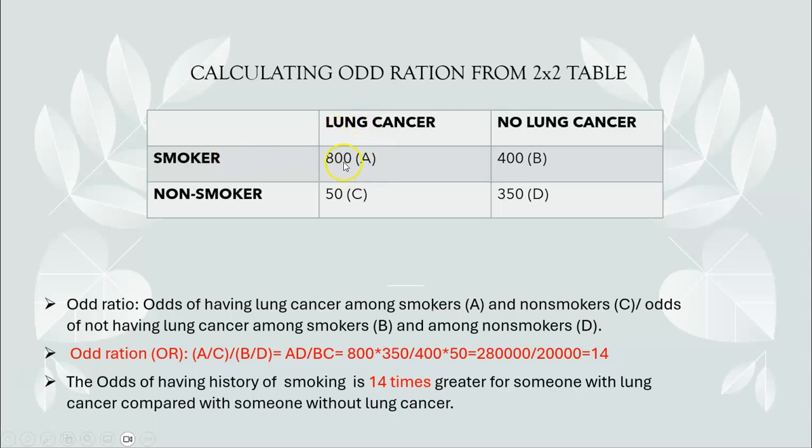This is group A. So we take the lung cancer cases who also have a history of smoking, which is A, divided by people who have lung cancer but are not smokers, which is C. This is a ratio, so we divide that by people who do not have lung cancer but have a history of smoking, divided by people who do not have lung cancer and do not have a history of smoking.